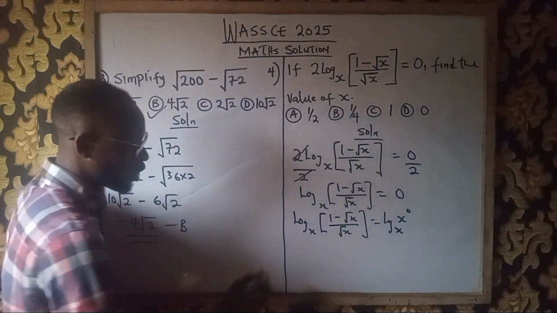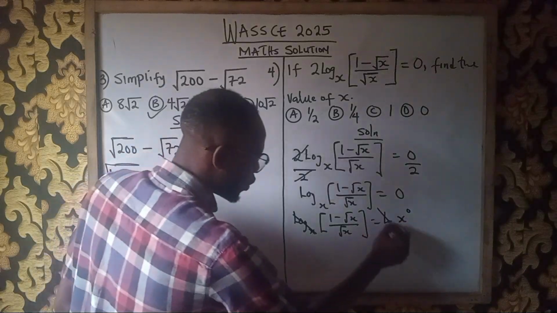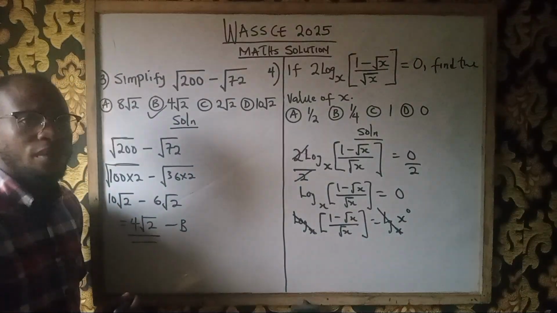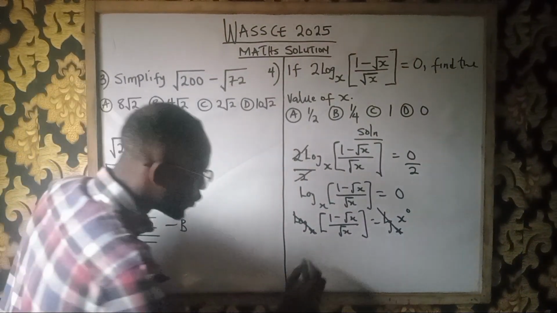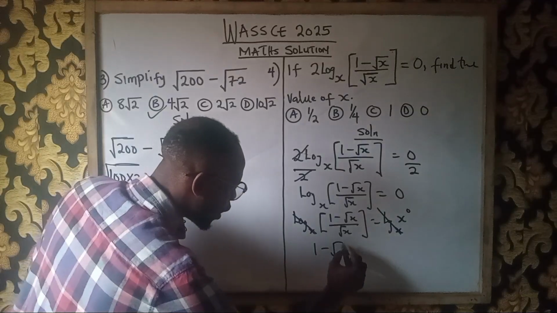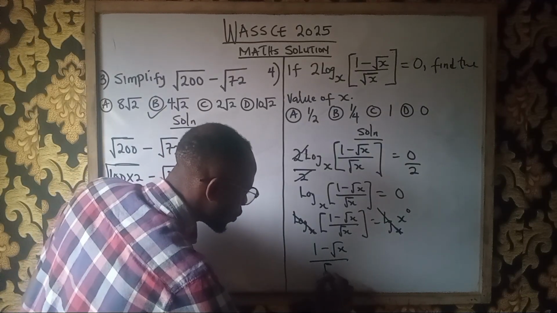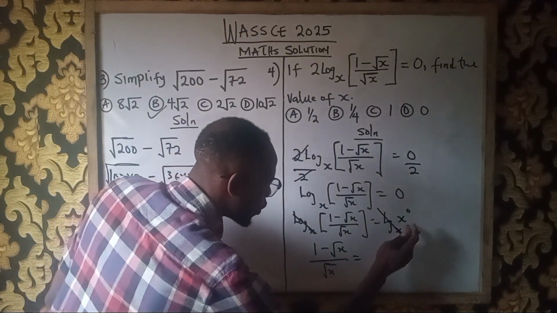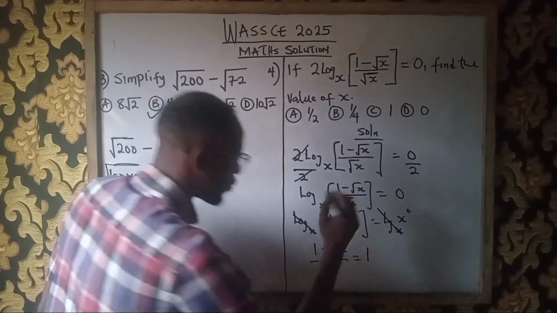Can you see that? So that this one will cancel out this one. Alright? So we are left with 1 minus root x all over root x equals, anything raised to power 0 is what? 1.